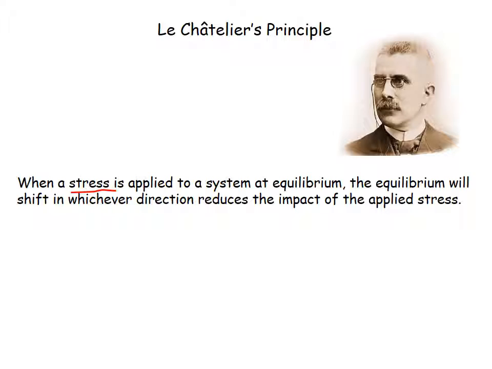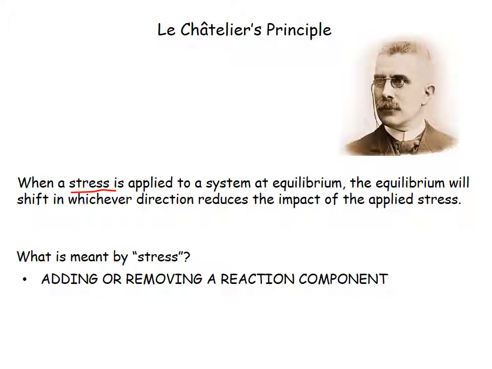So if you establish an equilibrium where Q equals K, then if you change Q, you're no longer at equilibrium because Q is no longer equal to K. So that's another way of saying if you add or remove reaction components, that will shift the equilibrium, and that's considered a stress. So adding or removing reaction components is a stress.